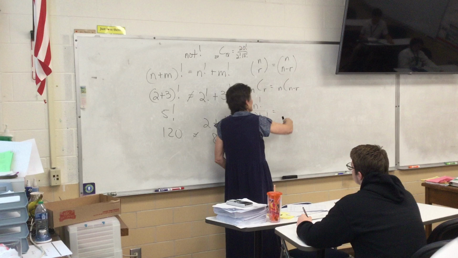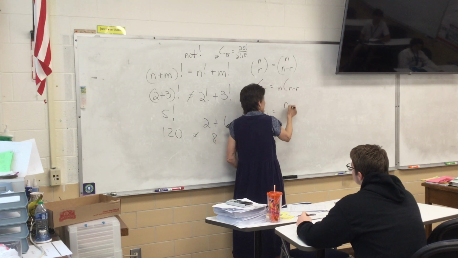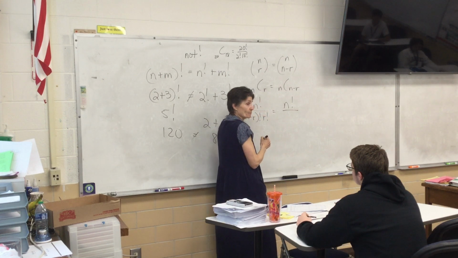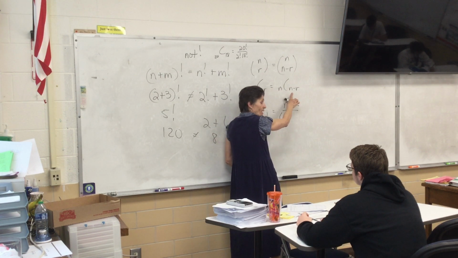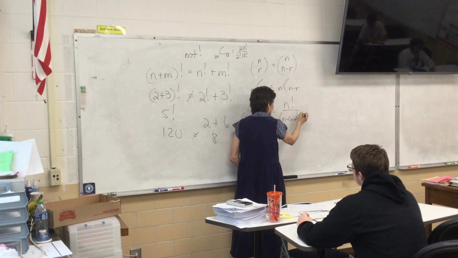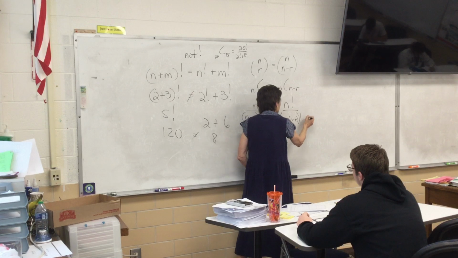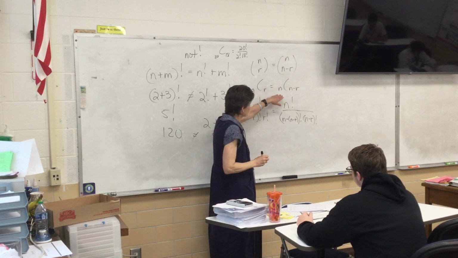So, what does this one mean then? Well, it would be n factorial also. And then you gotta subtract these, right? So n minus r, and then n minus r. Okay, lots of letters going on.